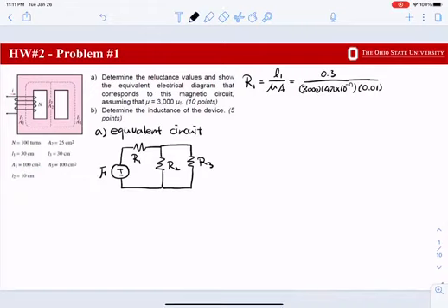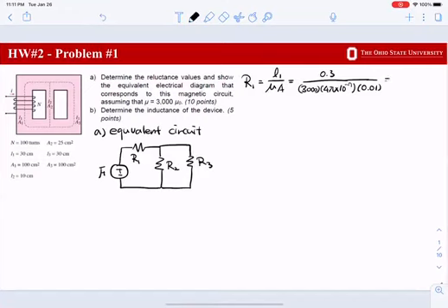This number should be 7.96 times 10 to the third. The unit is 1 over Henry, or ampere turns per Weber.